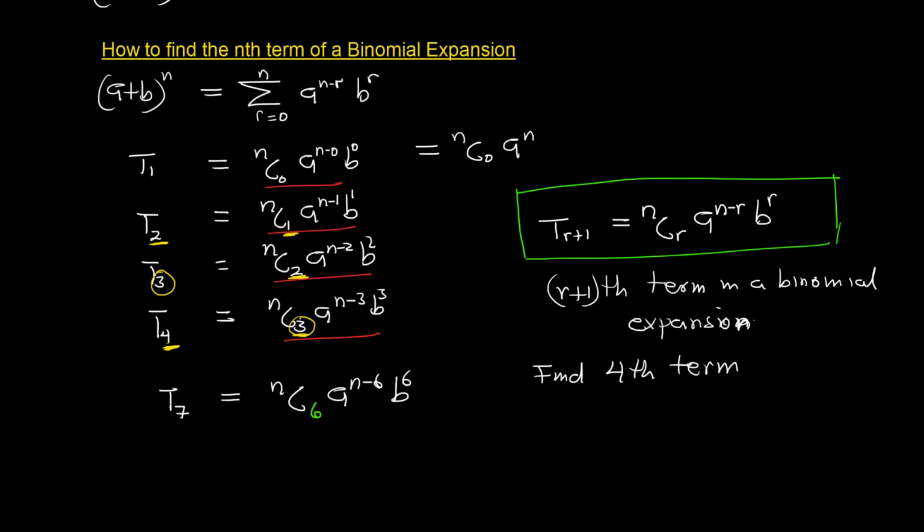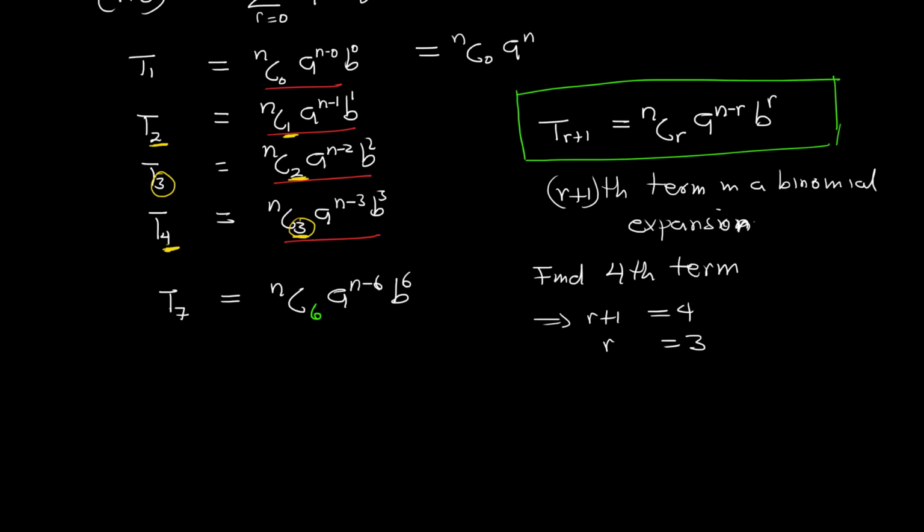To find the 4th term, it implies that r plus 1 is equal to 4, and therefore r is equal to 3. Therefore, r is equal to the term number minus 1. So if we say the 4th term, it means that r is equal to 3. If we say the 8th term, then r equals 8 minus 1, which is 7.